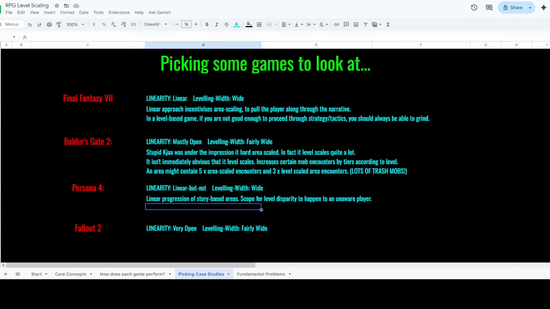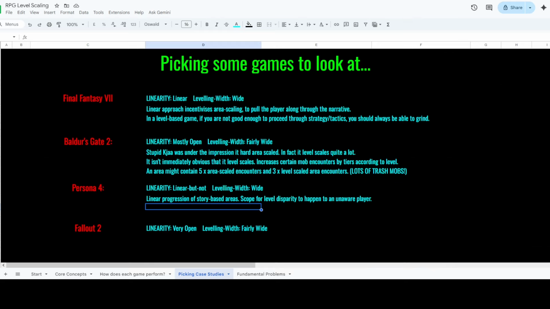But what happens with that is it caps out. I think it caps out at 50%. So if you're at the maximum gap between you and the enemy, if they are, I don't know, 20 levels higher than you, then on top of their normal damage, they do 50% more, and the damage you do to them is decreased by 50%.